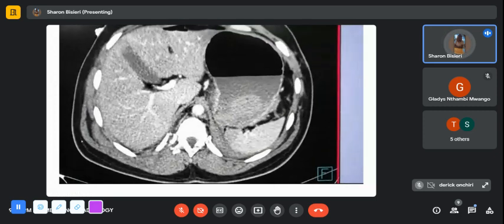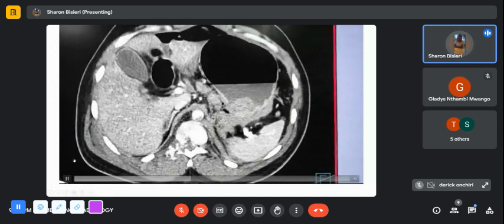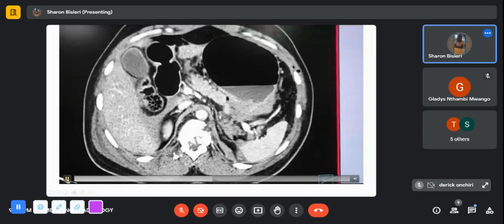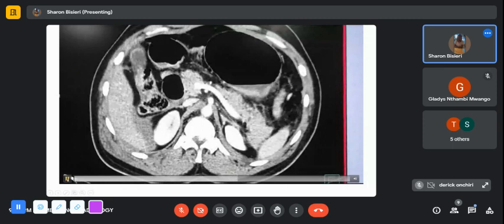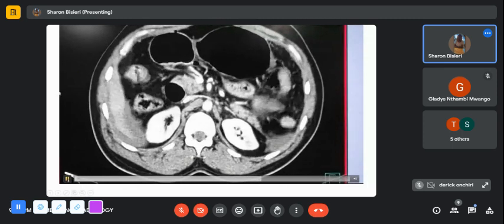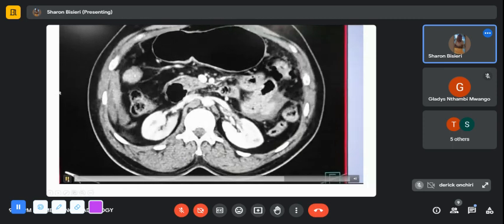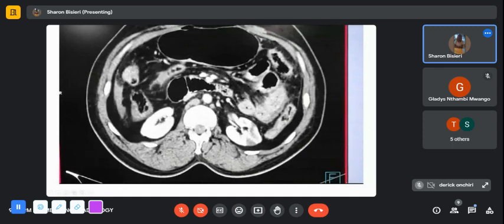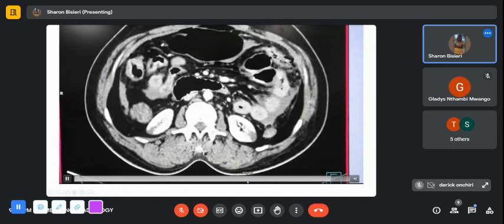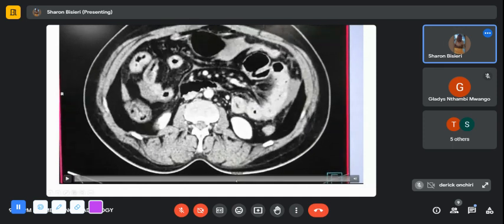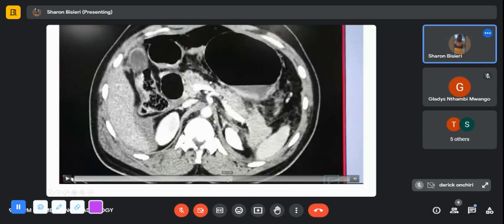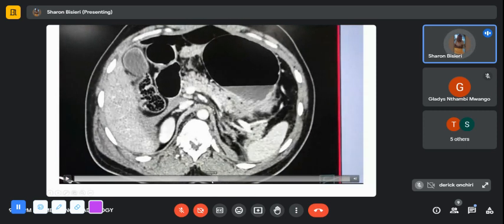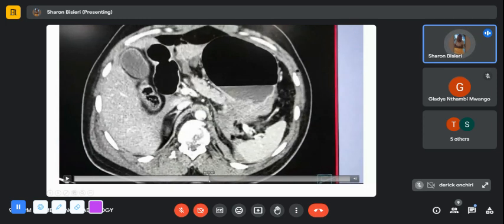First, I'll just let it play, then I'll go back to the area of injury. So that's all of it. Then I'll go back to where we saw the focal area of diaphragmatic rupture, and this is that area.